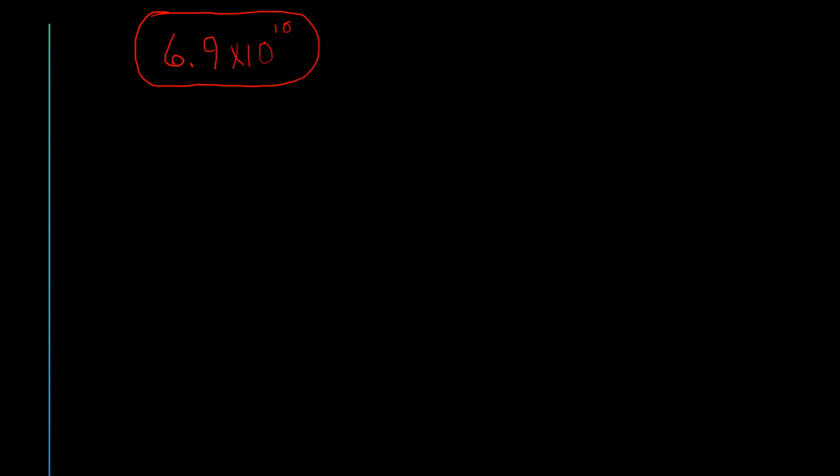Our new answer was 8 to the 12th power. After using the calculator to evaluate 8 to the 12th power, my calculator gave me 6.9 times 10 to the 10th power. I rounded that off.